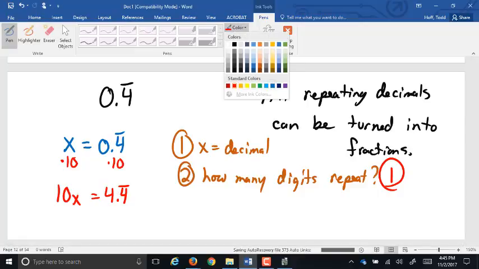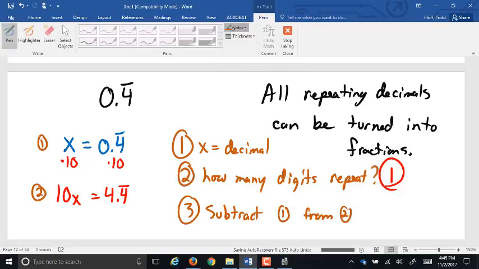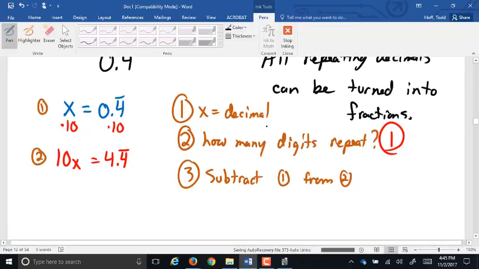What does that do for me? Well, my step 3, so this was my equation step 1, this is step 2, is to subtract the equation in number 1 from the equation in number 2. What's that mean? I'll take my 10x equals 4.4 repeating. And remember, we can subtract the same thing from each side, right?